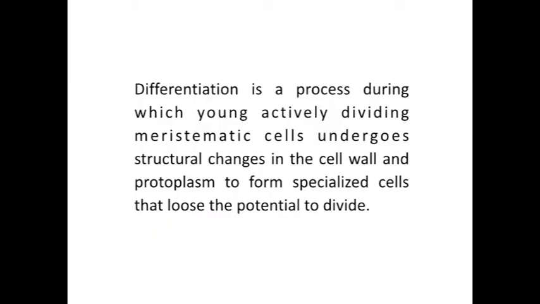Differentiation is a process during which young actively dividing meristematic cells undergo structural changes in the cell wall and protoplasm to form specialized cells that lose the potential to divide.